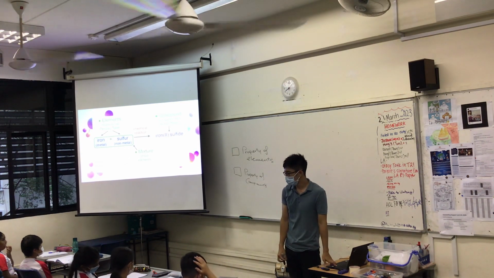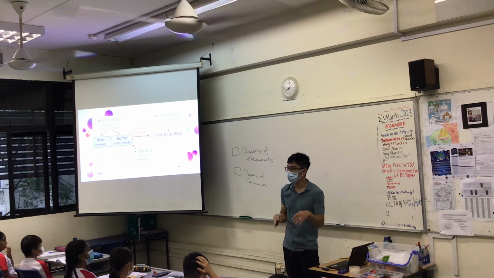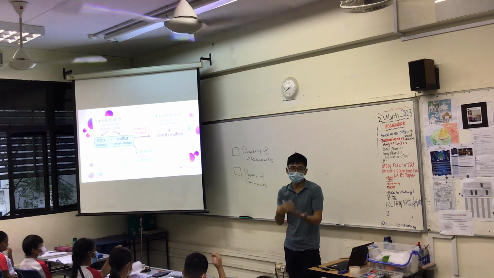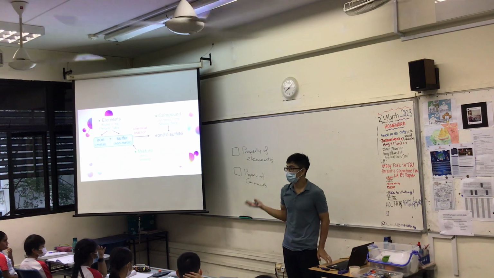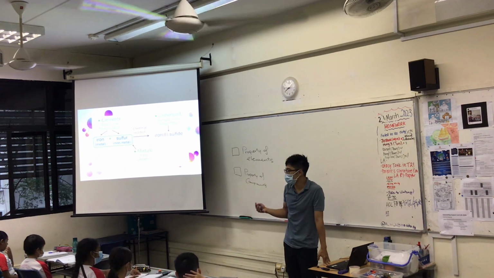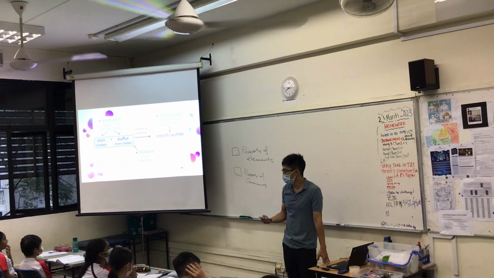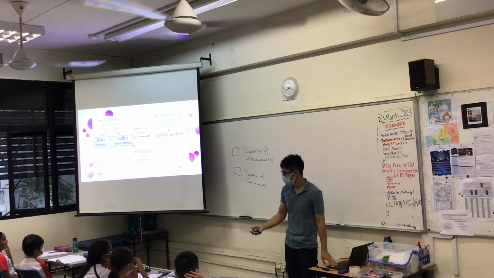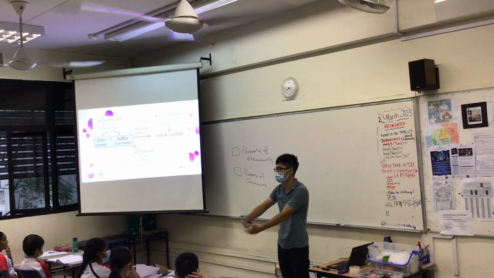So far, we are able to differentiate them if I provide you diagrams. But we're going to spend a little bit more time talking about their properties. These are the properties that you cannot see in a diagram, but you are expected to know. And you will slowly experience it more and more as we let you handle more chemicals.